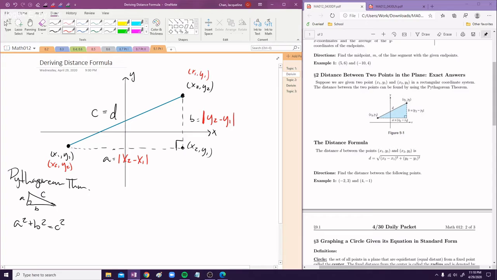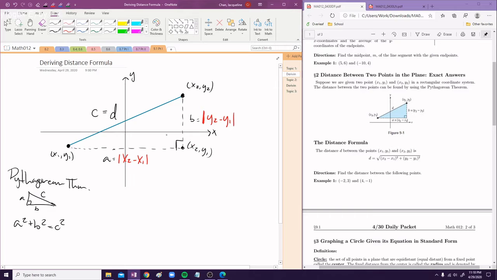As you can see, if we subtract x2 minus x1, it's obviously going to be positive, because x1 is negative. A positive minus a negative is a positive plus a positive. But that's essentially what happens if people switch points. So that's why we put the absolute value there.